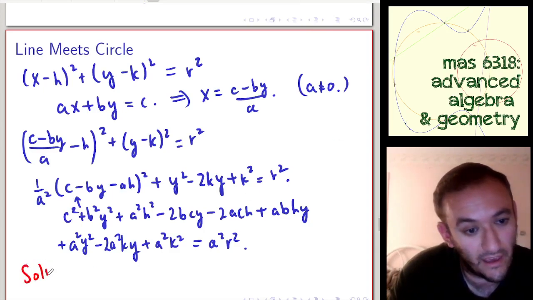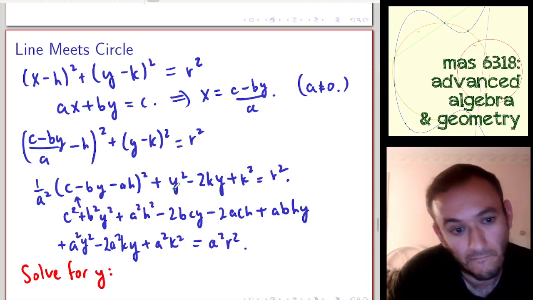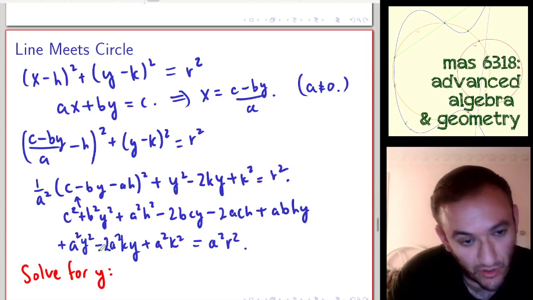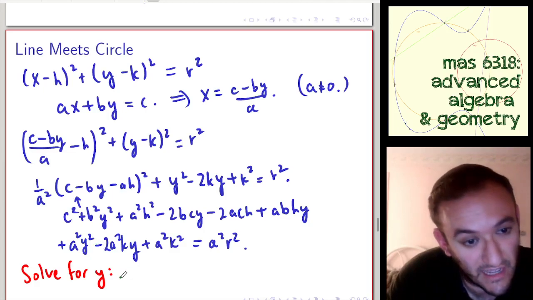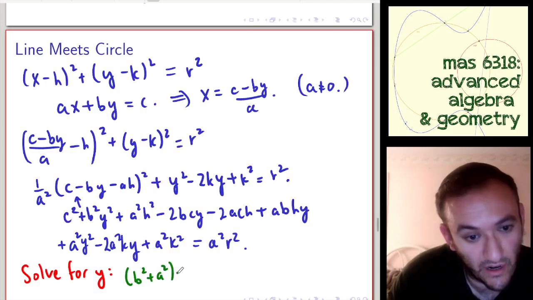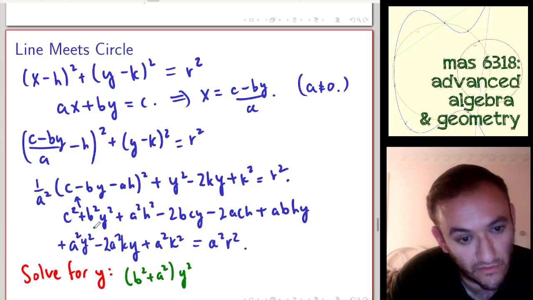So let's group according to y. We have y squared terms, so let's group all of the y squared terms. That gives us (b squared plus a squared) times y squared. Okay, I think that's all of the y squared terms.